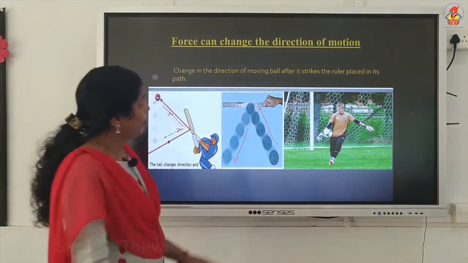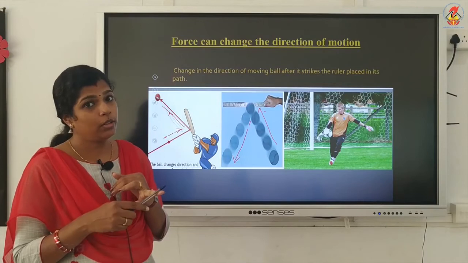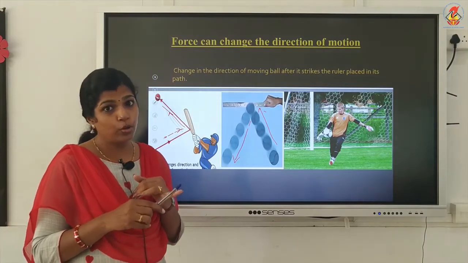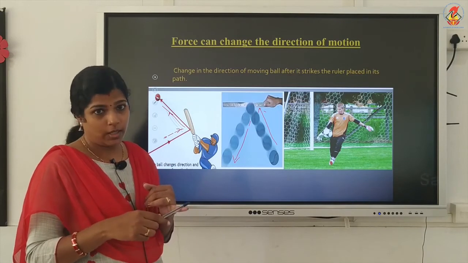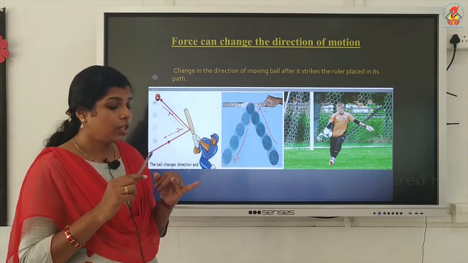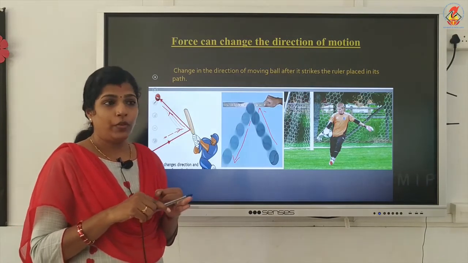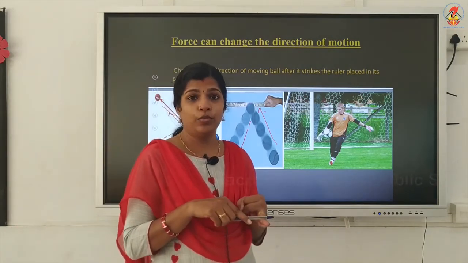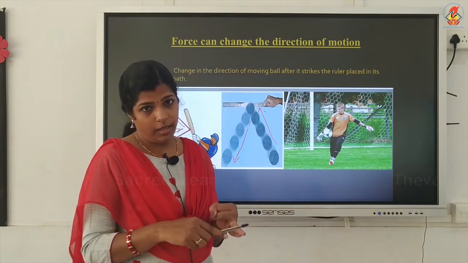So, a force can change the position of an object, that is from rest to motion, and also from motion to rest. Then it can change the speed of a moving object. If a force is applied in the direction of motion, then the speed will increase.